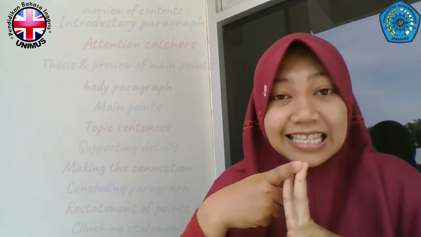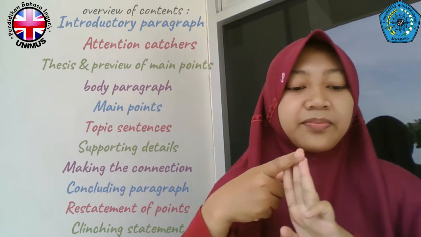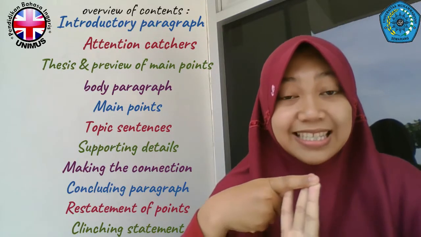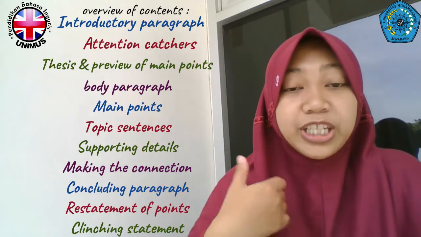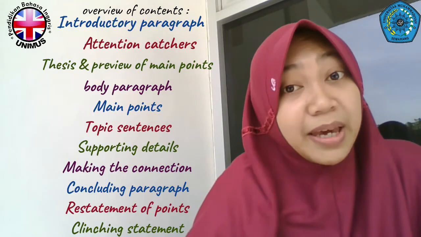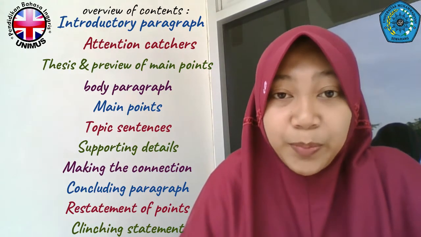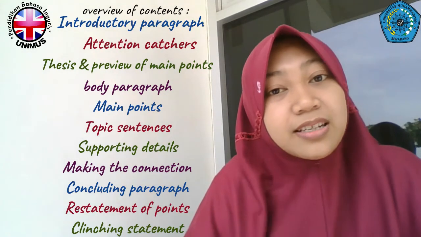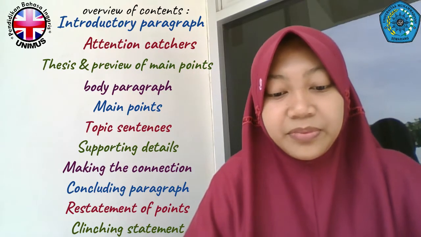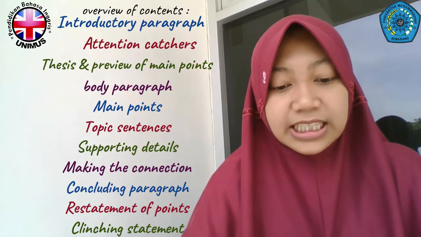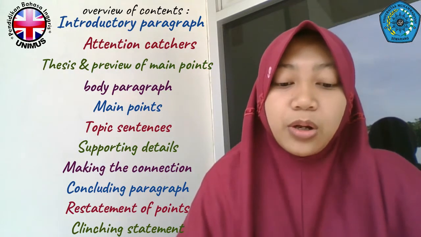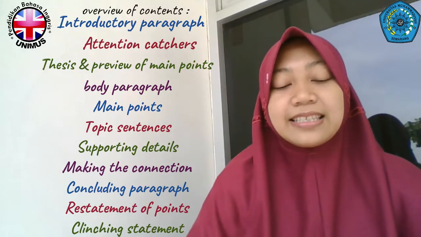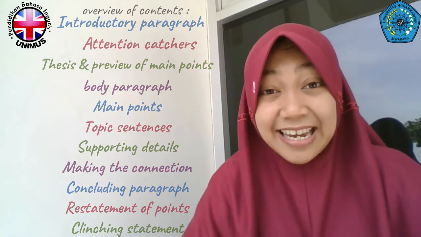The second is attention catcher, and then there is thesis, review of main points, body paragraph, main points, topic sentences, supporting details, making the connection, concluding paragraph, restatement of points, and the last is clinching statement.